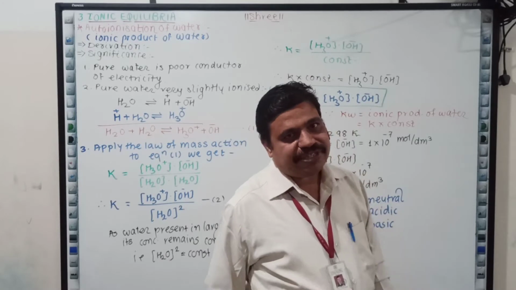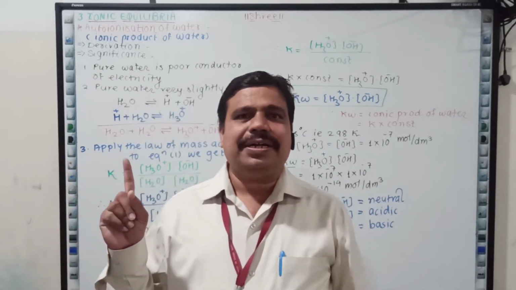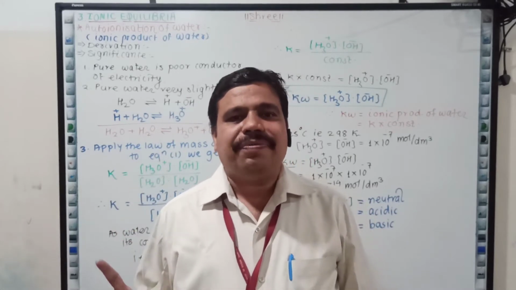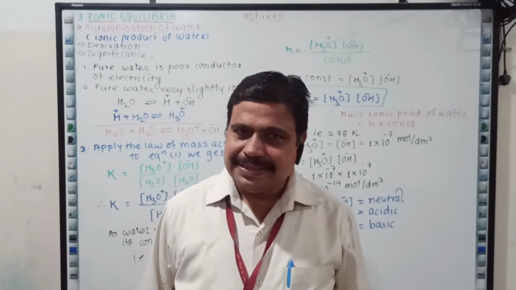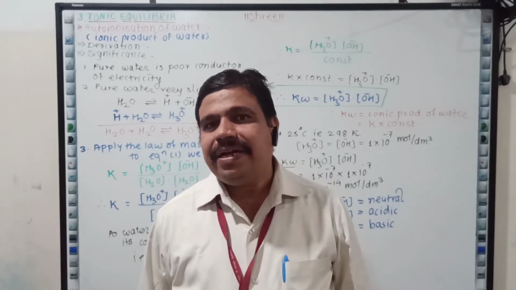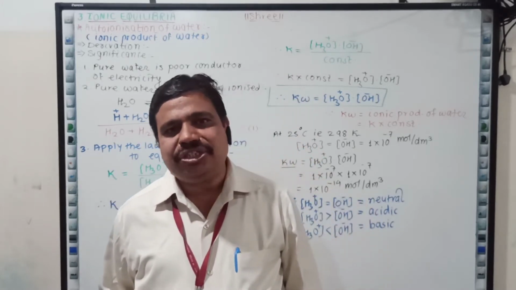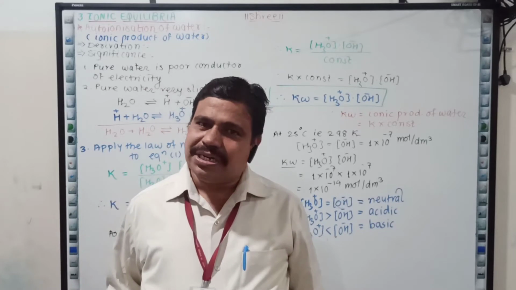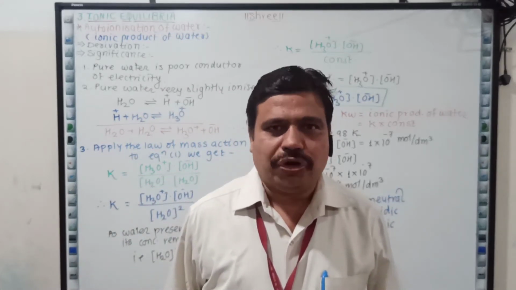Once again I repeat definition विद्यार्थी मित्रांनो. Ionic product of water can be defined as the product of concentration of H3O plus and OH minus ions in pure water at a given temperature is constant is known as ionic product of water.